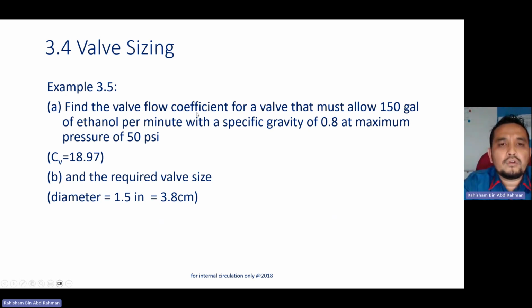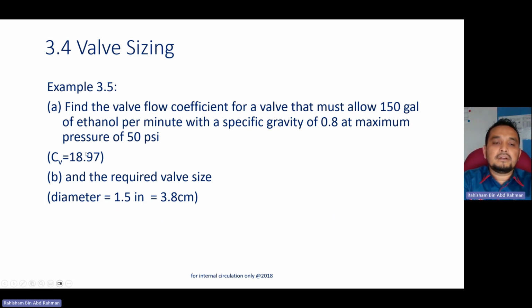Find the valve flow coefficient CV, for a valve that must allow 150 gallons of ethanol per minute with the specific gravity 0.8 at a maximum pressure of 50.